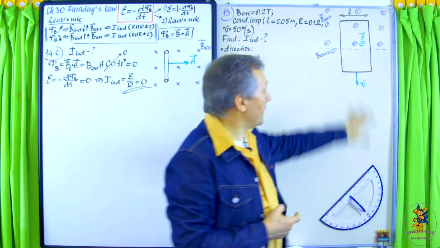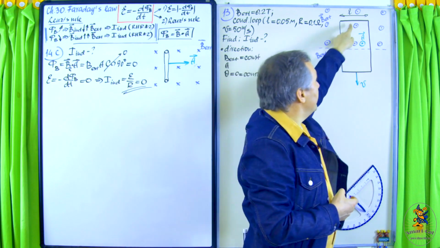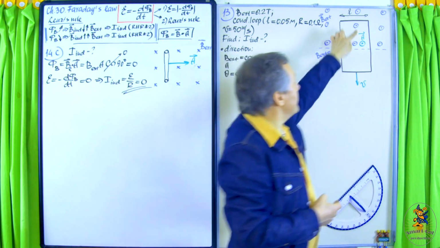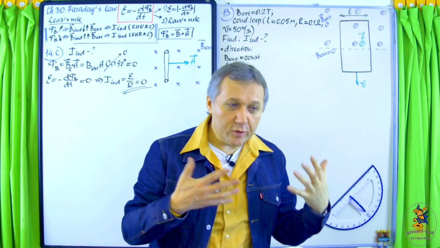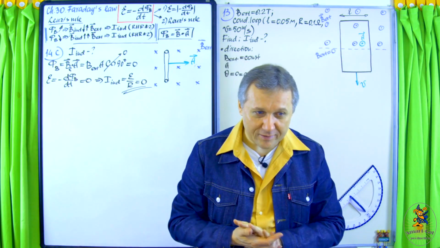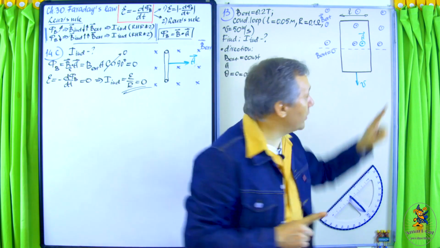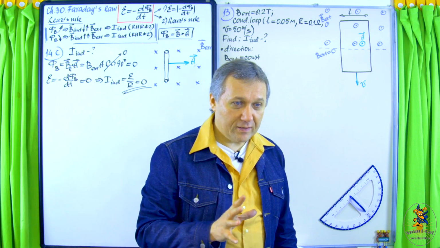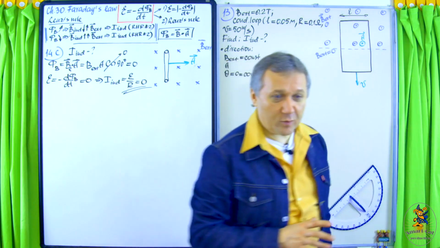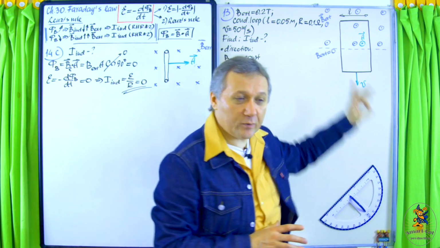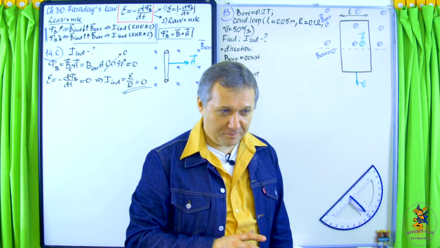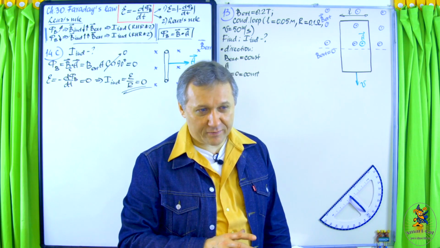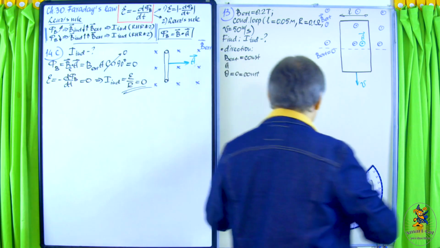Flux through this part is 0. Only this part is exposed to the magnetic field and gives us a non-zero magnetic flux. That's the major difference. Although the total area of the loop stays constant, we need to use only the area exposed to the magnetic field in our analysis of the magnetic flux. Okay, let me highlight this area.